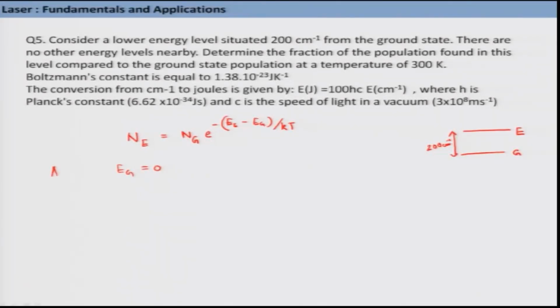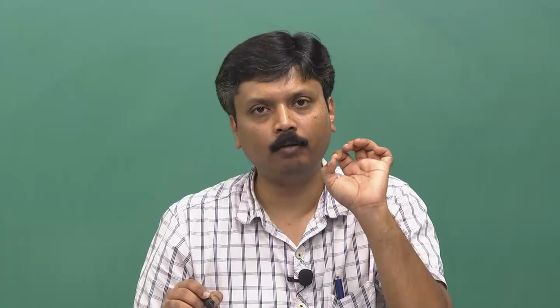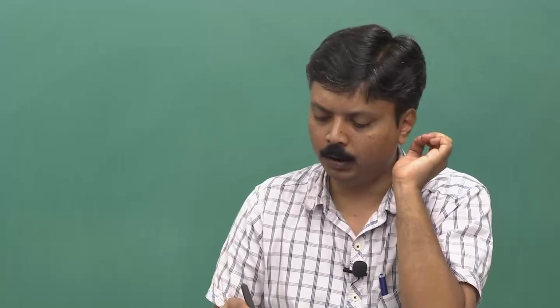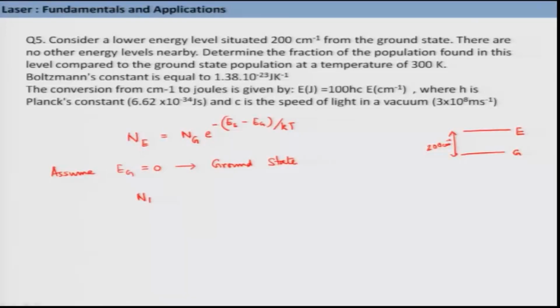So my equation becomes, for the ground state, and I reiterate, if you do not assume it, no problem, the only thing is that you need to know the energy of that state. So my equation becomes N_g times e to the power minus E by kT.